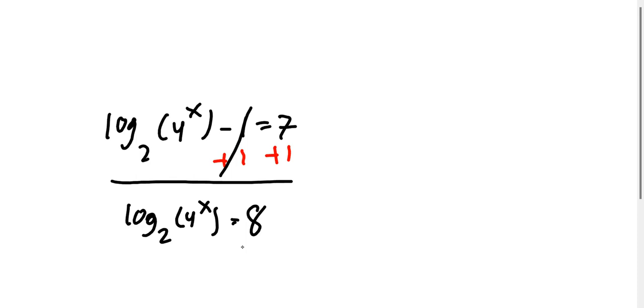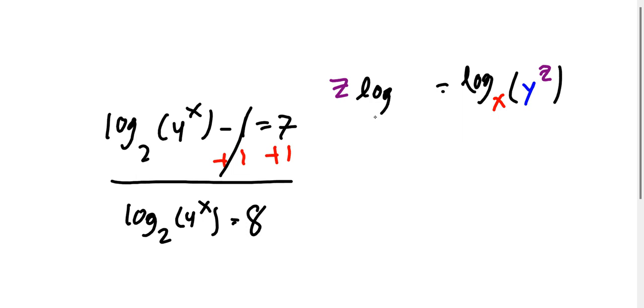But we're going to use a rule that says, let's say we have log base x of y raised to the z. That's going to be the same as z times log base x of y. So now when we see that we have an exponent inside of our log, we're going to move it backwards.